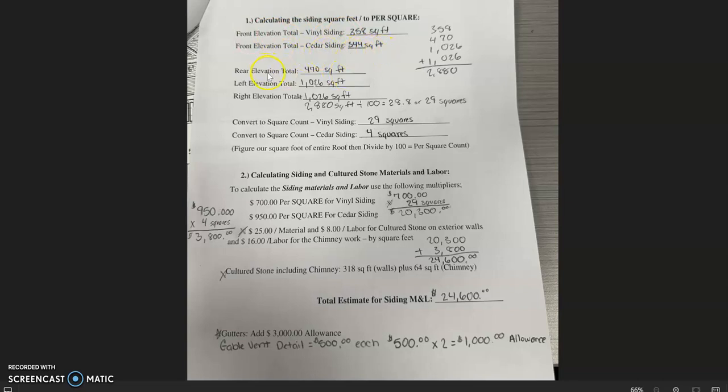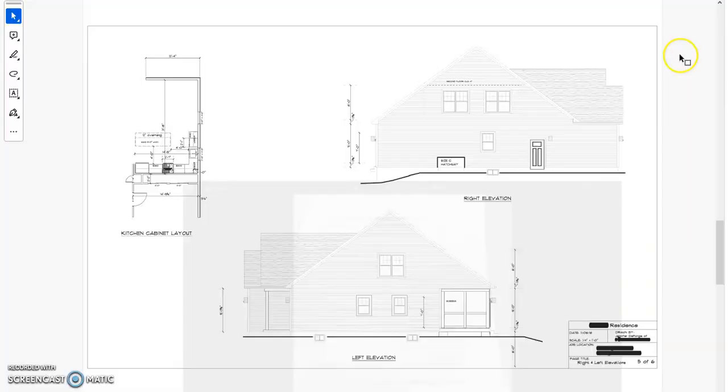For the rear elevation, the front also, we deducted the garage width, which is 16 feet wide by 9 foot tall. On the rear elevation, it's 470 square feet. And on the left and right, as you can see, they're exactly the same. And let me go back over to our plan.